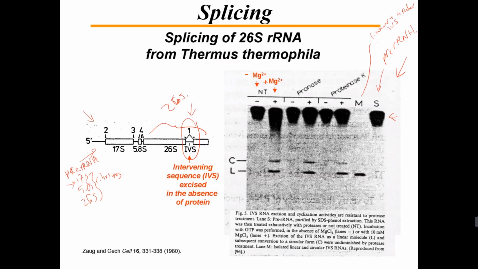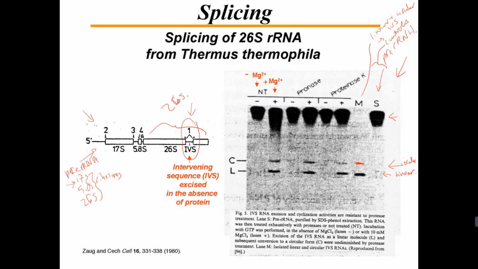And again, these are both controls, so they can be used as a comparison for your experimental procedure. And then, as we can see, both the circular and the linear forms after transesterification has occurred are denoted by these two bands at the bottom.